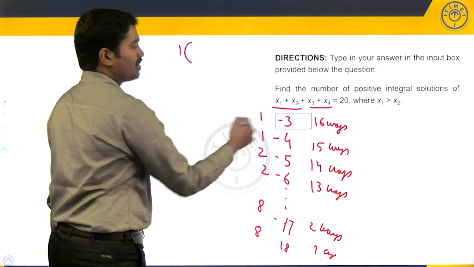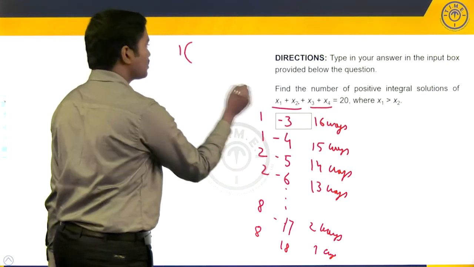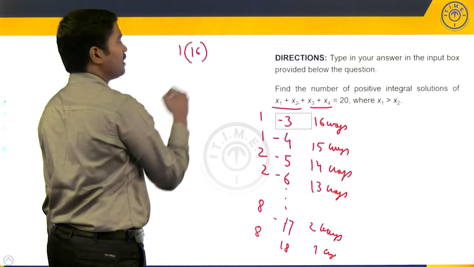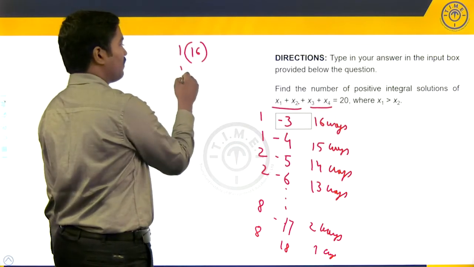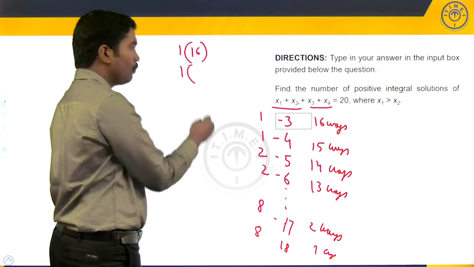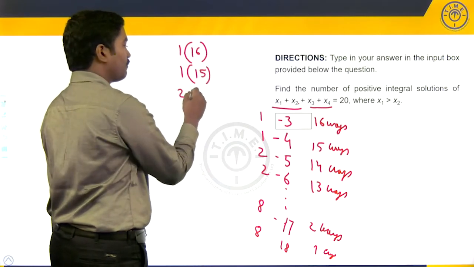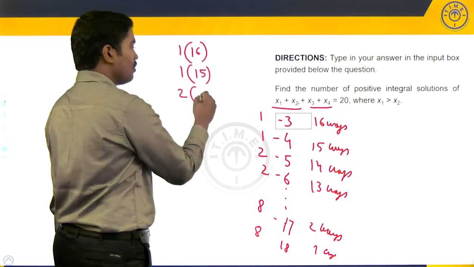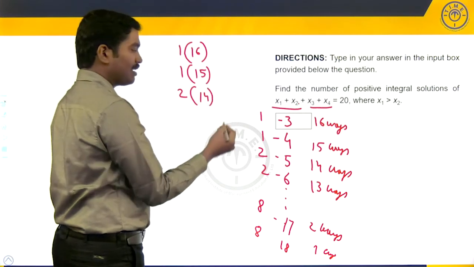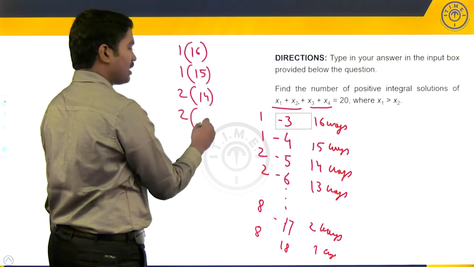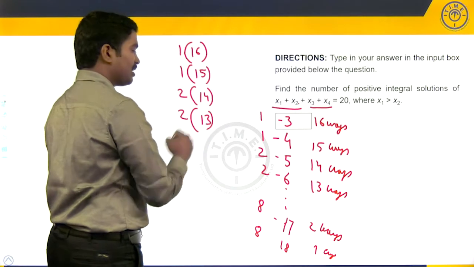One way of distributing among x1 and x2, 16 ways of distributing among x3 and x4. Similarly, next one way of distributing among x1 and x2, 15 ways among x3 and x4. 2 ways for x1 and x2, 14 ways for x3 and x4. 2 ways for x1 and x2, 13 ways for x3 and x4.